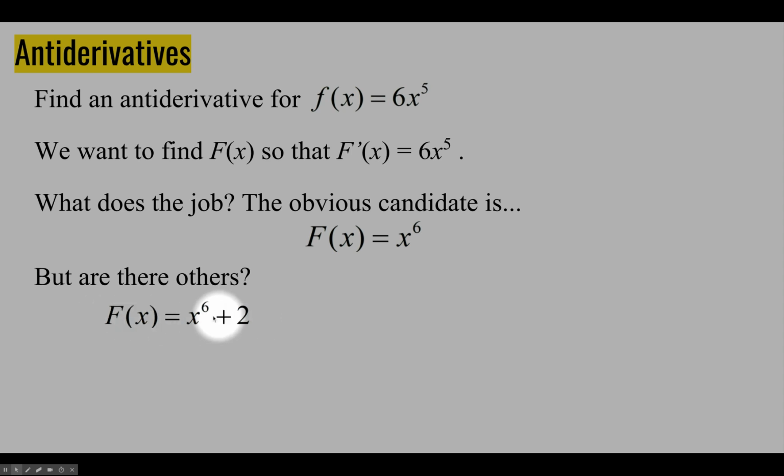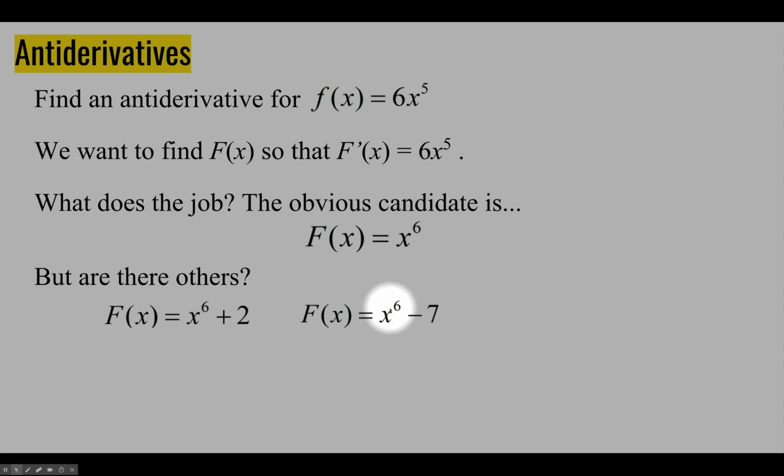So both of these are candidates for capital F. Here's another one. Here's capital F equals x to the 6th minus 7. The derivative of this constant, negative 7, is going to be 0. So it's going to wipe out the constant term and leave me with a derivative of 6x to the 5.